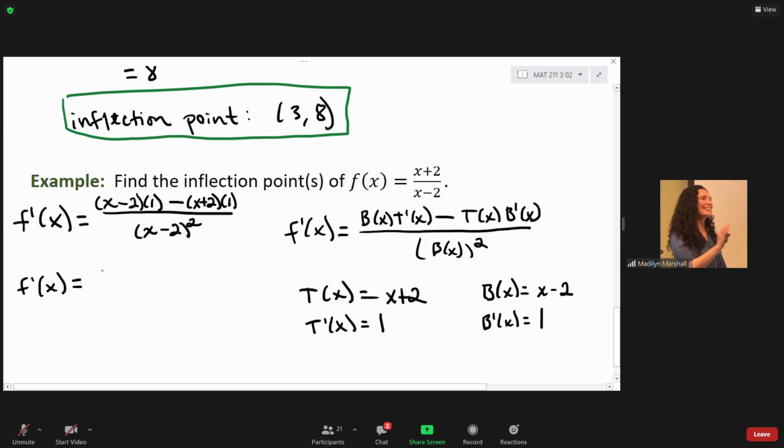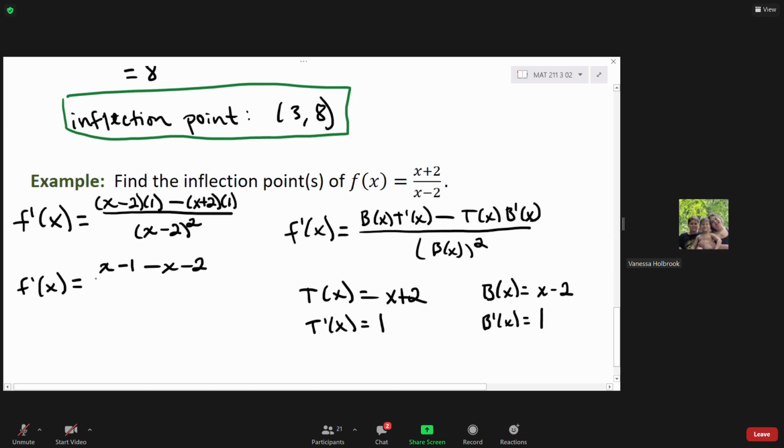So simplifying the top, we have x minus 2 times 1, which does nothing. Be super careful with that minus sign on the top. That was the thing that people were making a mistake on the homework. That negative needs to distribute to everything after it. So the 1 isn't going to do anything, but that's a minus x minus 2.